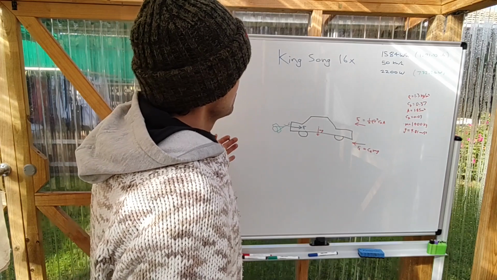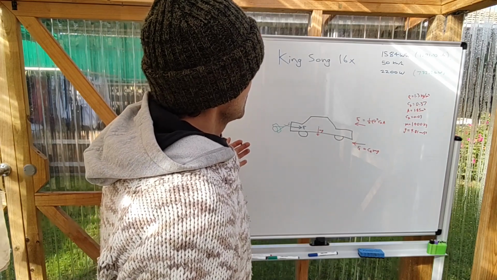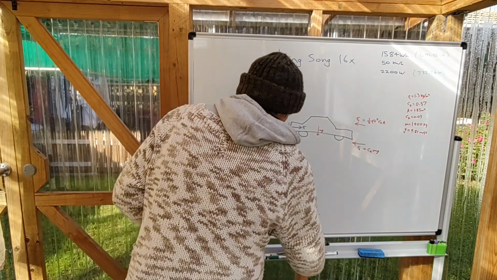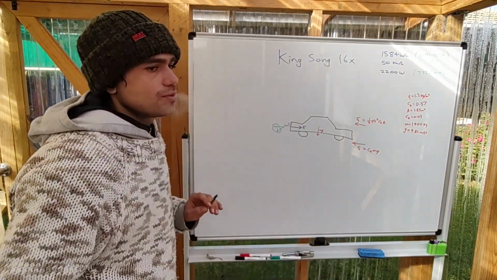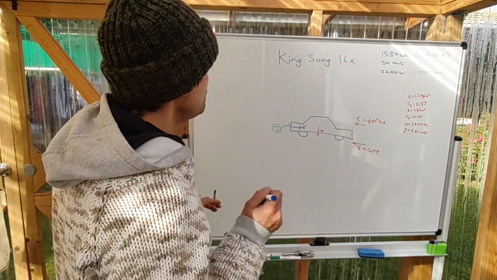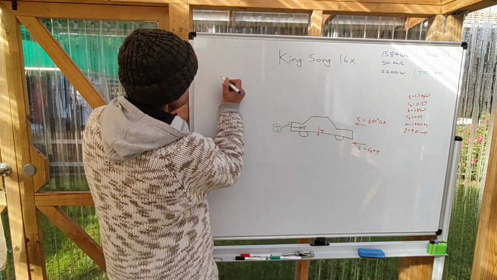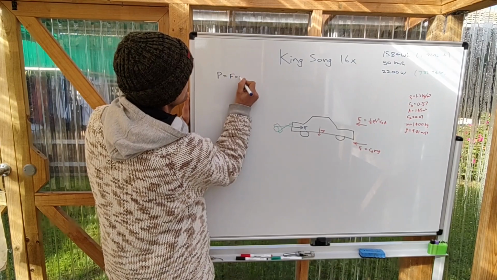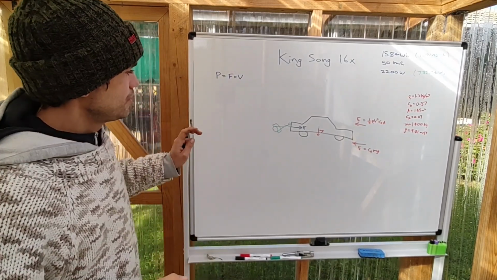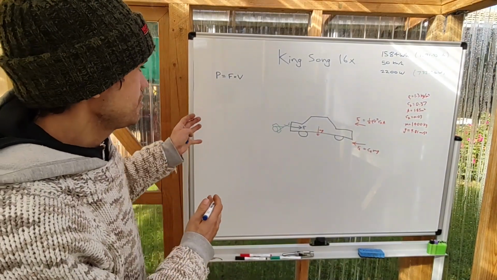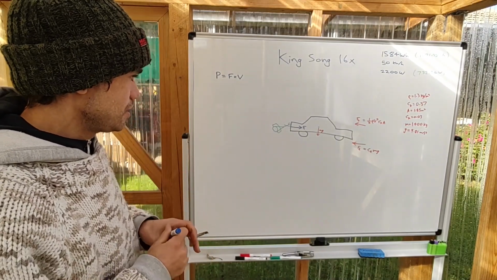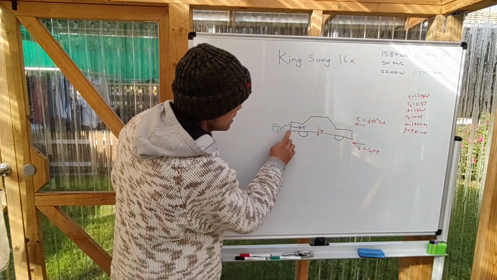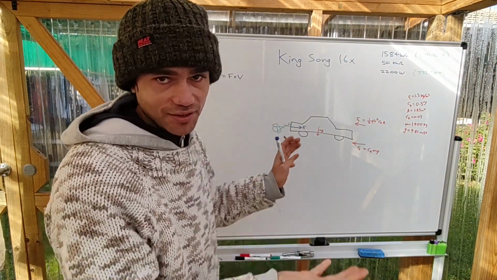Oh yeah, that's right. What we're going to do is use a simple formula that says that power equals force times velocity. Force times velocity. It's very simple. And how much power are we generating at the 16X level, at the EUC level?